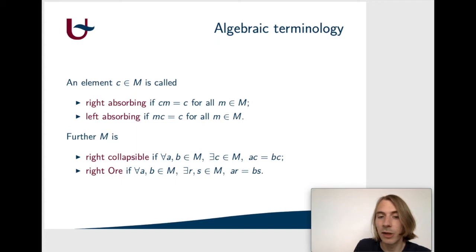And the monoid is called right Ore if for all elements A and B of the monoid there are elements R and S of the monoid such that AR is equal to BS. So we see, for example, that having a left absorbing element is stronger than being right collapsible. And in turn, right collapsible is stronger than being right Ore.